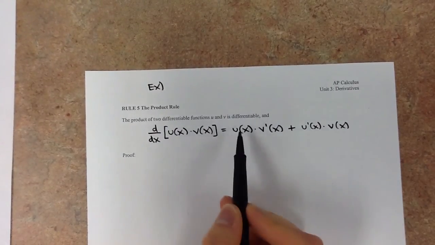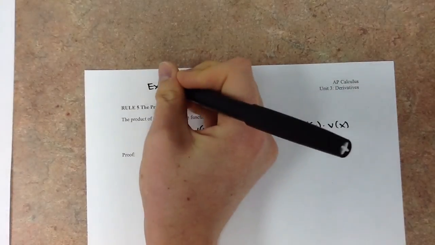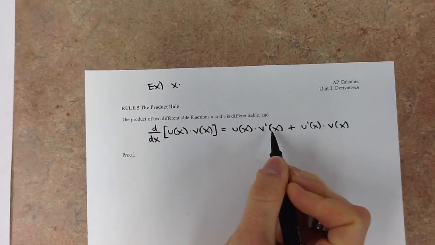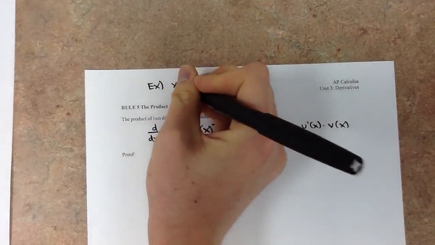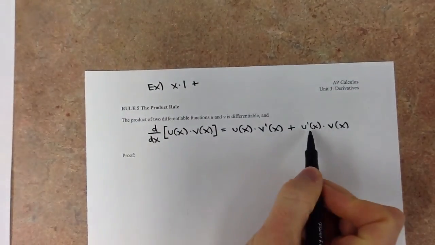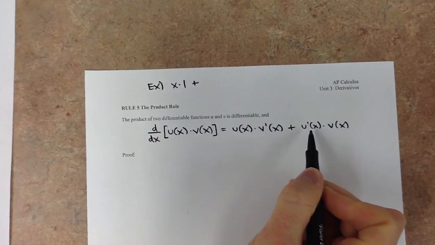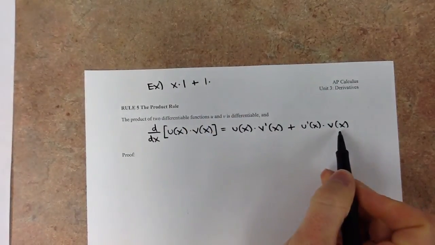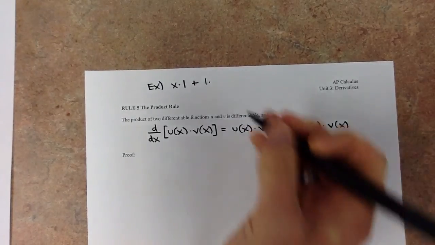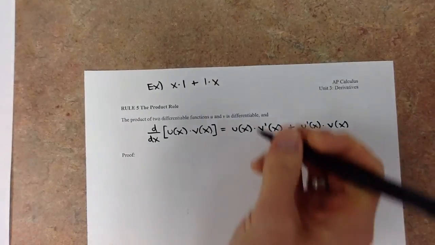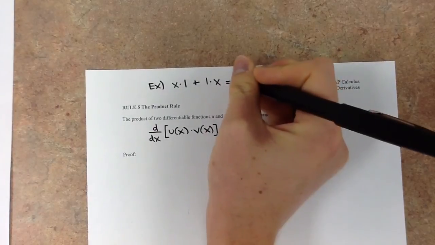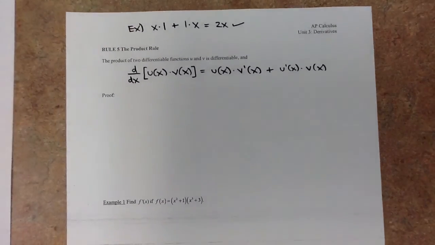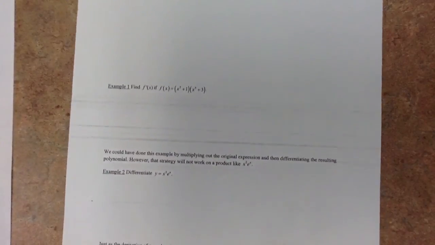So if we use the first one as x, that will be x times the derivative of the second one, which is x, so the derivative of x is 1, and then plus the derivative of the first one, which we're considering to be x, so that derivative is 1 times the second function, which is again x. So this ends up being 1x plus 1x, x plus x, which is 2x. So this does in fact work. That's just a little side note there. Again, the proof we're going to skip over for now.